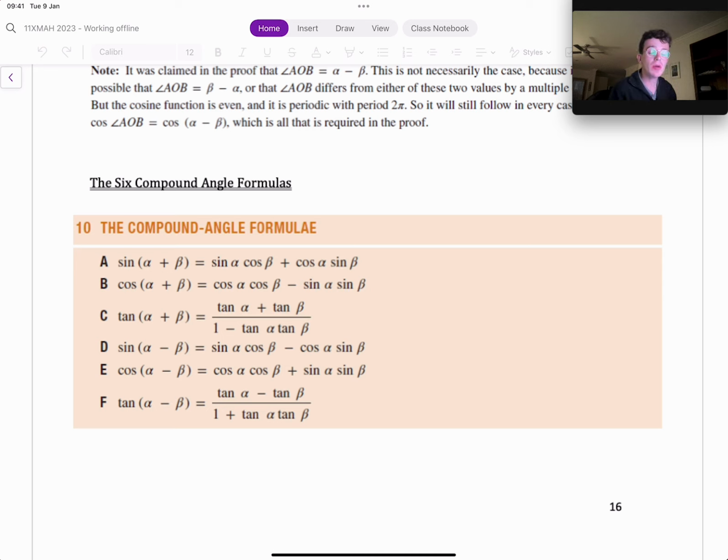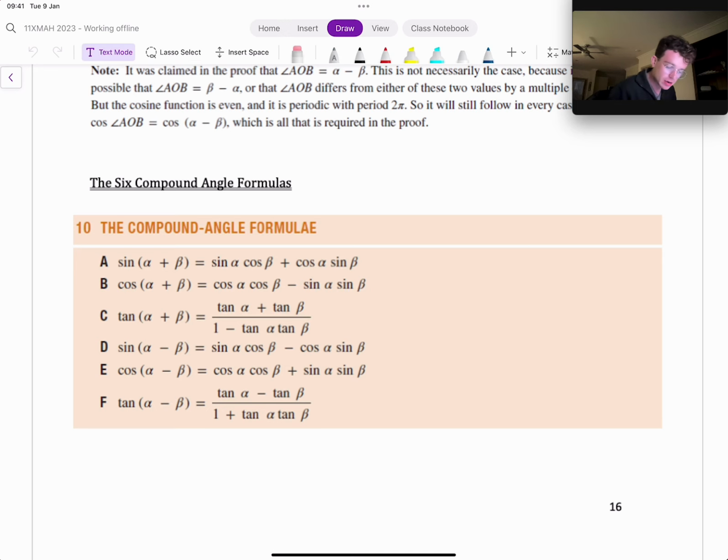Now, we also have these same rules, but instead of having a plus, we have a minus. So we can have sine of alpha minus beta, and it's the exact same formula, but all that's changed is there's a minus here.